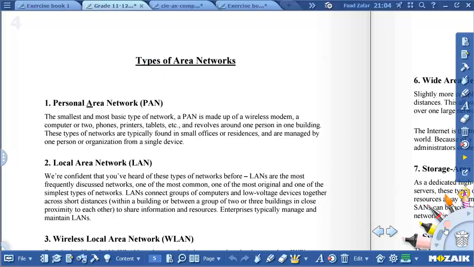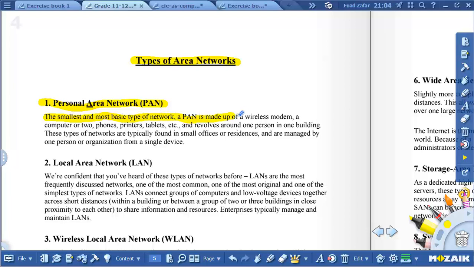Now we're moving forward to types of area networks. We have different types of area networks, so we're going to cover the first one, the personal area network, known as PAN. It is the smallest and the most basic type of network.